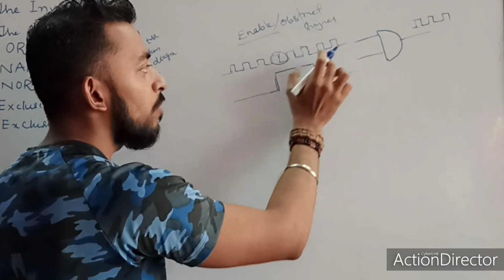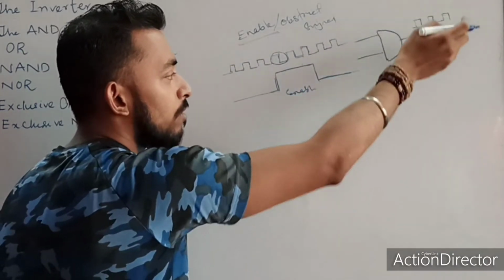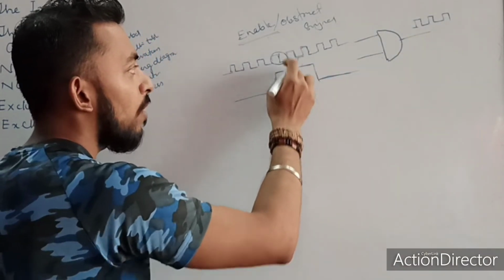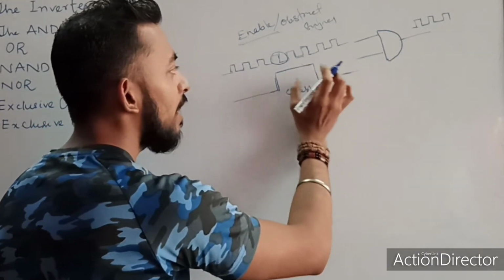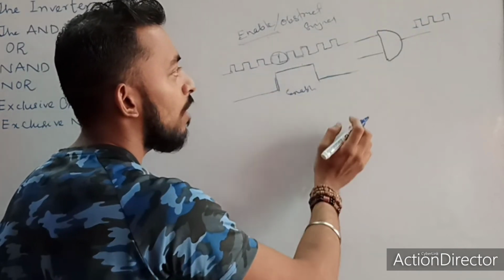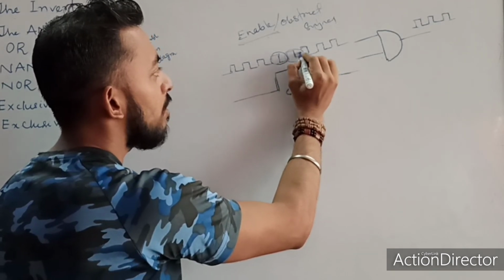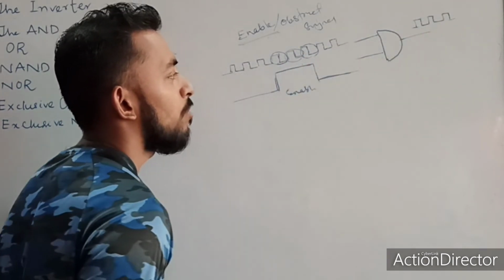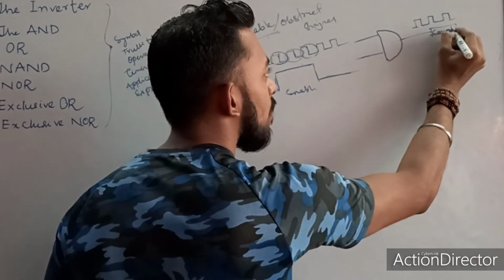So when one input is enabled, only then will it transfer whatever pulses are coming to the output. Here I am not doing any AND operation, but I am applying the signal to an AND gate and this enable is applied. For this interval, these are the signals that are passing to the output, and at the output I am going to use a counter.